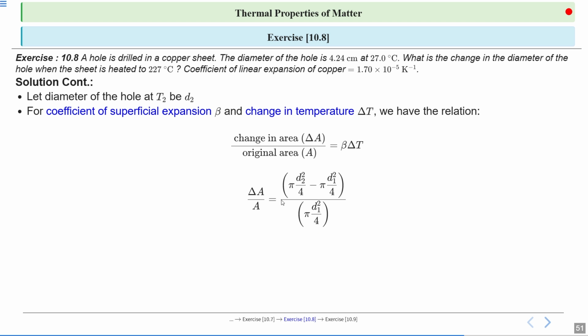So delta A divided by A is equal to D2 square minus D1 square divided by D1 square.